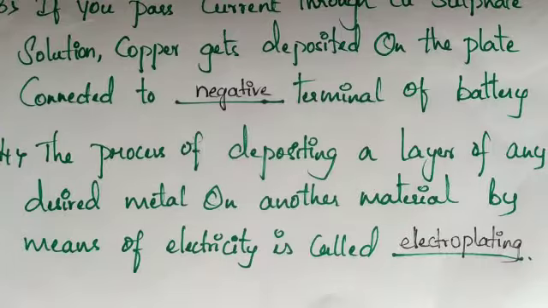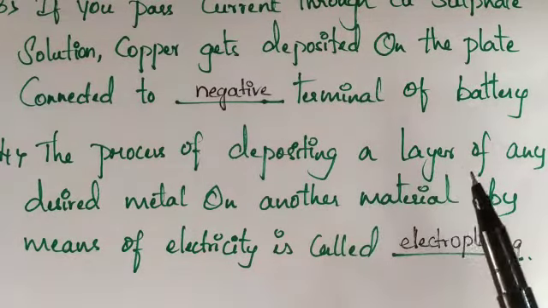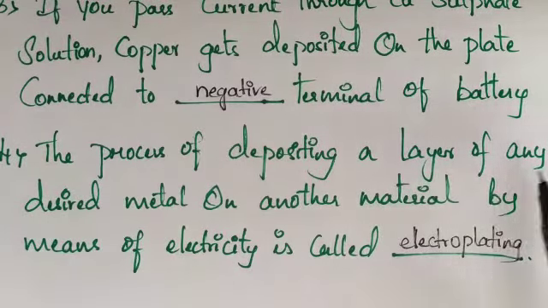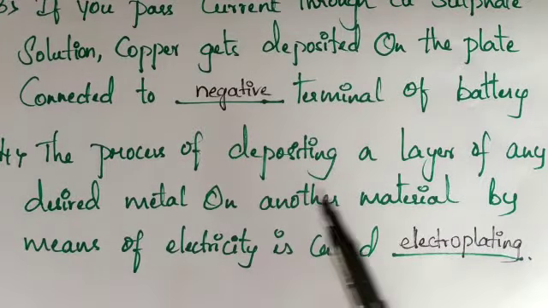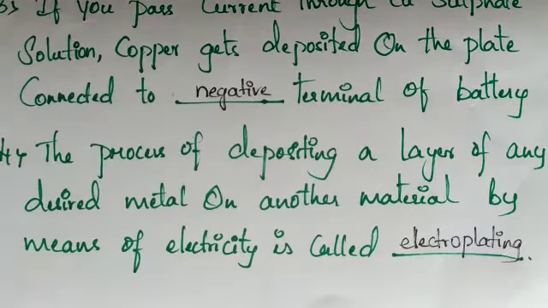Copper is positively charged and sulfate is negatively charged. Next question: the process of depositing a layer of any desired metal on another material by means of electricity is called what? It is called electroplating.